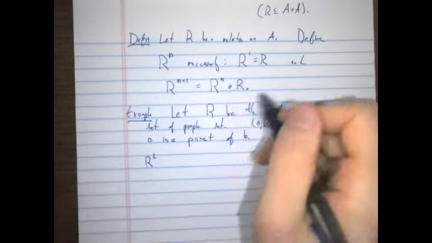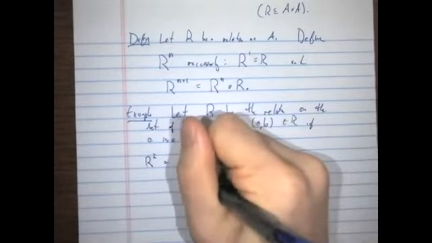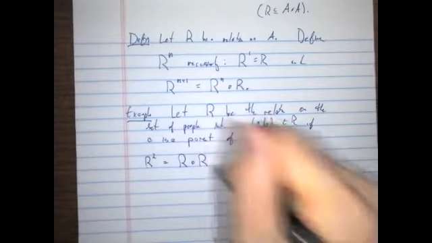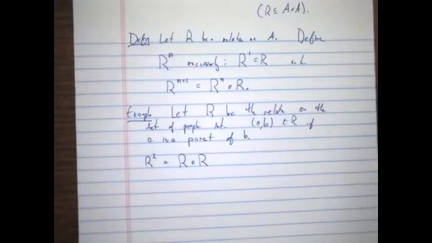Well, by definition, R squared is R composed with R. And when is an element inside this composition?